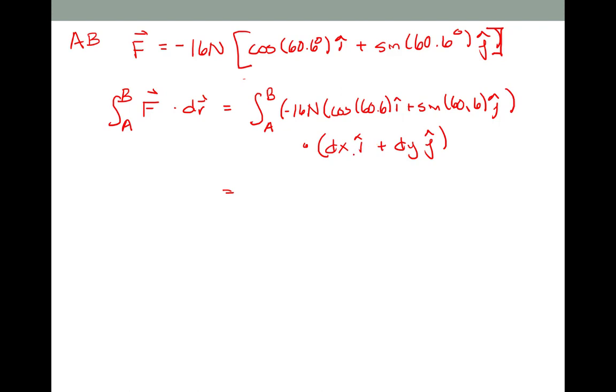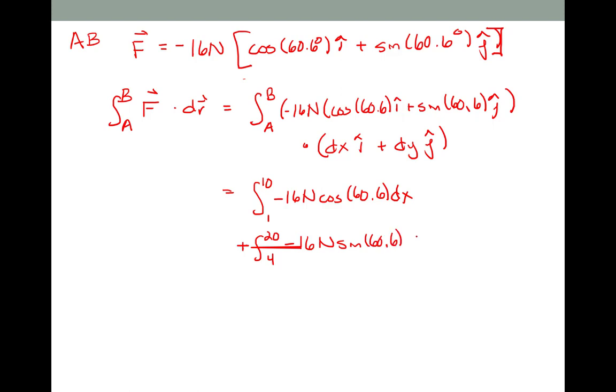Well, this separates into two pieces, one in the x direction and one in the y direction. The x integral looks like the integral from 1 to 10 of negative 16 newtons cosine of 60.6 dx. And I need to add to that the y integral from 4 to 20 of negative 16 newtons sine of 60.6 dy.